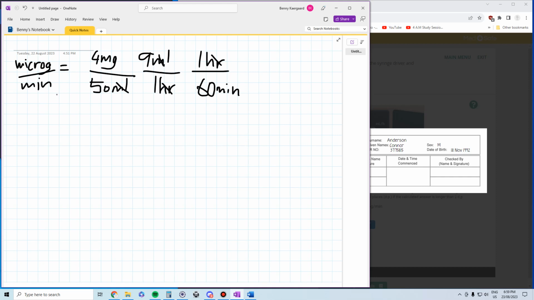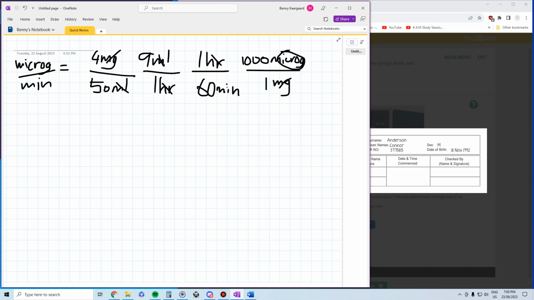Minutes is at the bottom. Now we just need micrograms. Thousand micrograms, 1 milligram. So that cancels out.